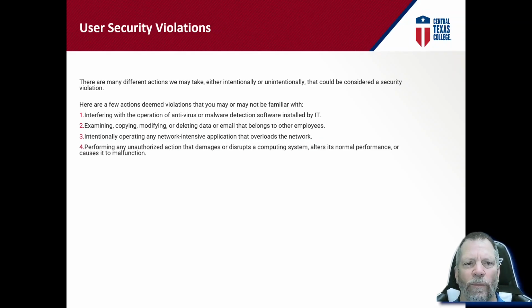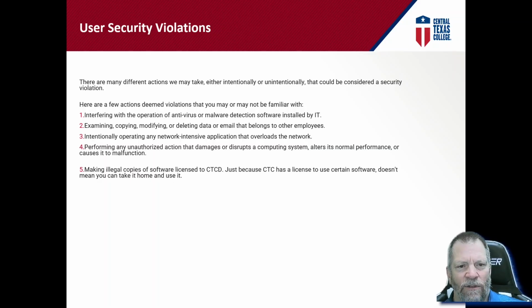Number 4, performing any unauthorized action that damages or disrupts a computing system, alters its normal performance, or causes it to malfunction. Number 5, making illegal copies of software licensed to CTC. Just because CTC has a license doesn't mean anybody and everybody can use it. And you certainly can't take it home and use it.